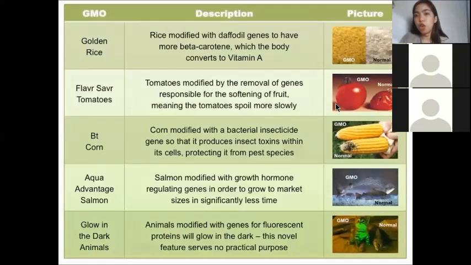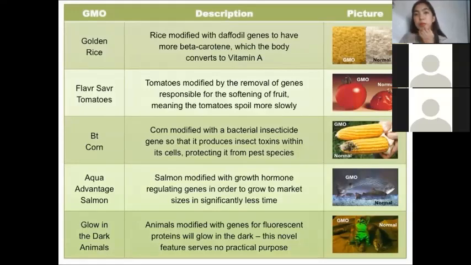As you can see in the picture, yung normal, ang pangit na ng texture niya. The normal tomato can spoil easily. Compared to the genetically modified organism, tomatoes spoil more slowly. So, mas napapatagal yung lifespan ng isang organism.